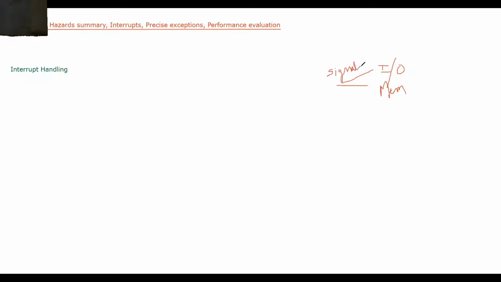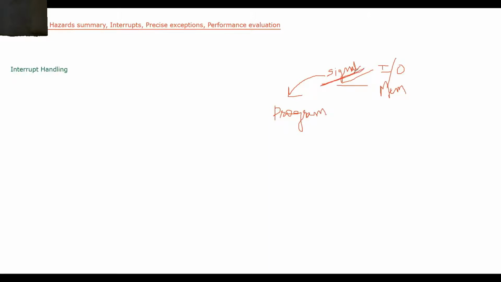That means the processor receives this signal and stops the execution of its current program. After stopping the current program, based on this signal, it runs one program that will handle this particular signal.